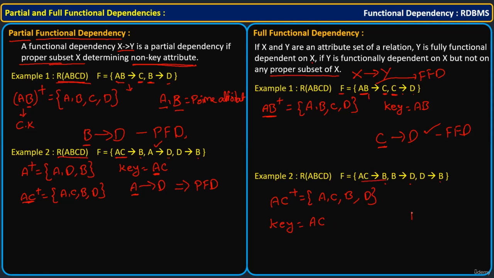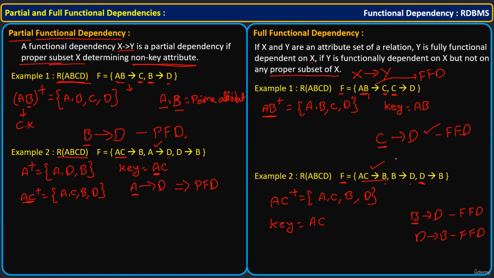Then B derives D, is D part of the key? No. So this is full functional dependency. D derives B, is D part of AC? No. So this is also full functional dependency. So there is no problem in this set of FDs.